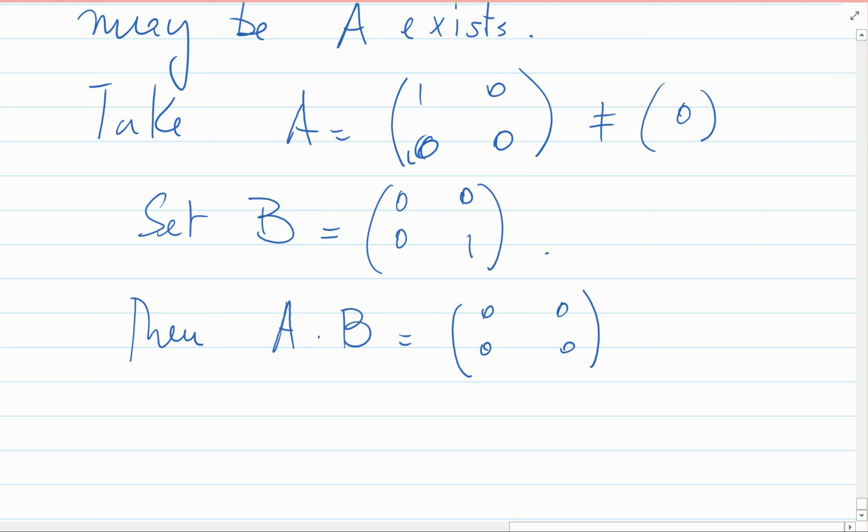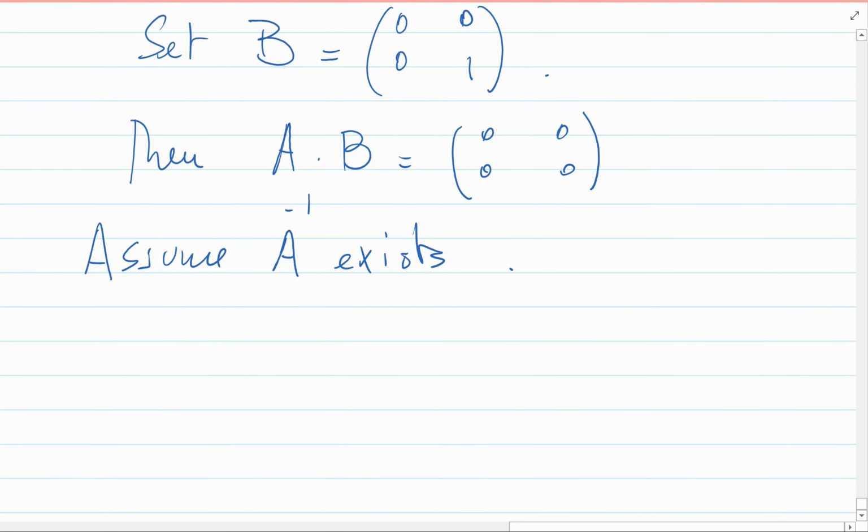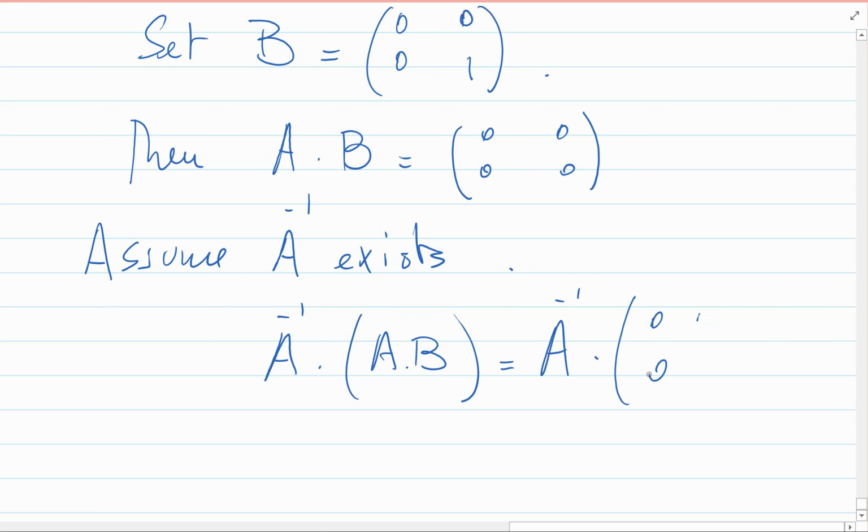Okay, now assume A inverse exists. Because A is not equal to 0, so maybe we have an inverse, like the real numbers. In this case, let's look at A inverse times AB. What's this? This is A inverse times the zero matrix, which is 0. Anything multiplied by the zero matrix gives you 0.